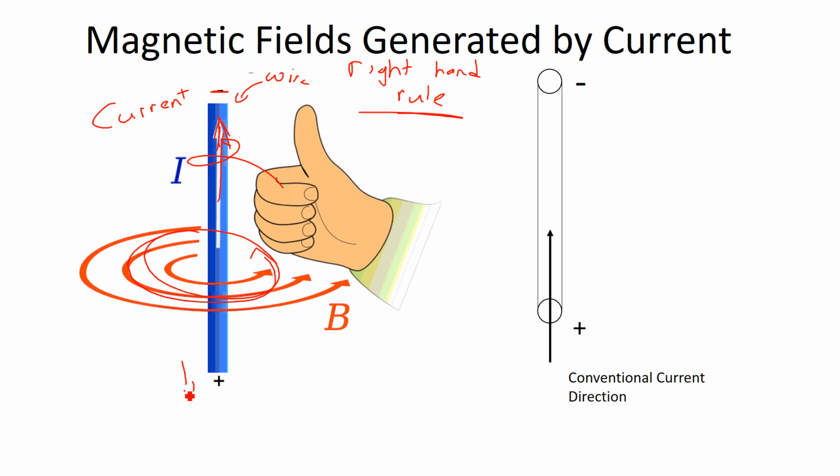Okay? So the magnetic field is generated by the current. The only reason there's a current there in the first place is because of the magnet. So if you turn off the magnet, the magnetic field is generated by the current.